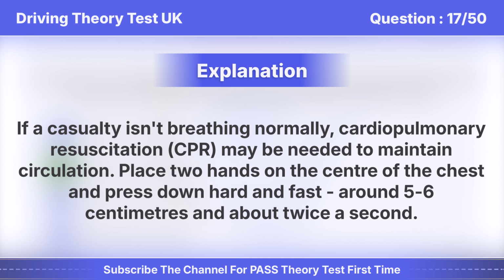If a casualty isn't breathing normally, cardiopulmonary resuscitation, CPR, may be needed to maintain circulation. Place 2 hands on the center of the chest and press down hard and fast, around 5 to 6 centimeters and about twice a second.